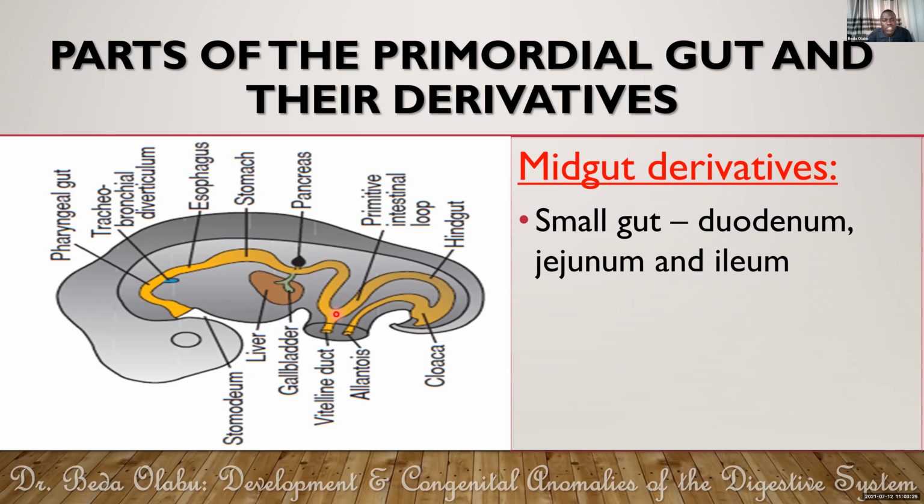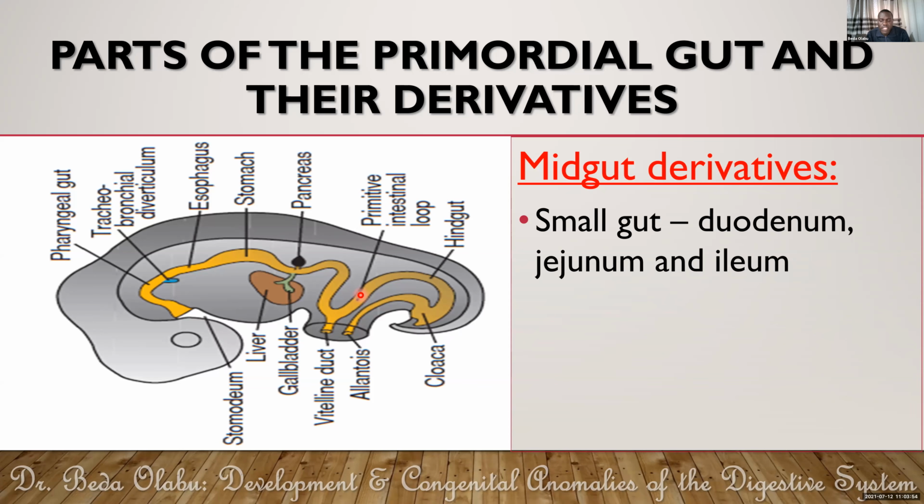The junction between the cephalic limb and the caudal limb is this one, the position of the vitelline duct. So take home story, the small gut arises from the cephalic limb of the midgut. The large gut arises from the caudal limb of the midgut.